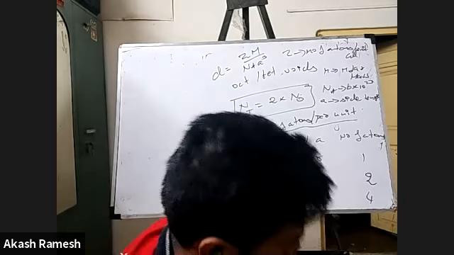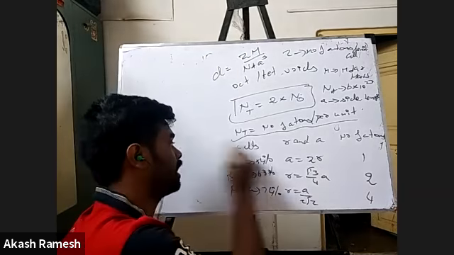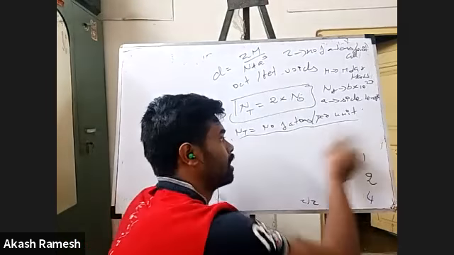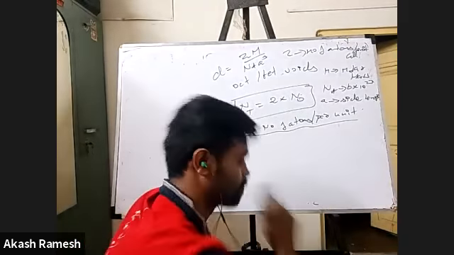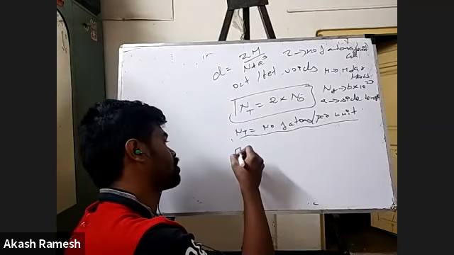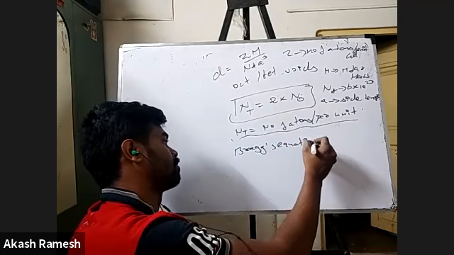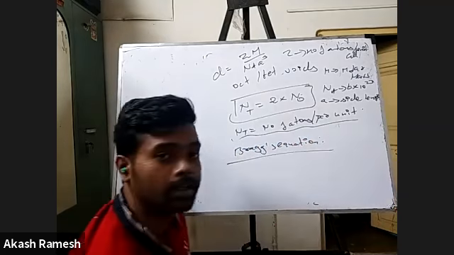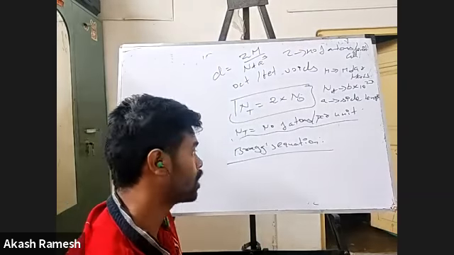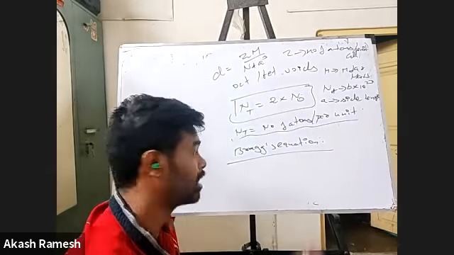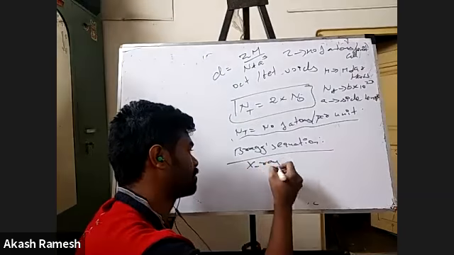And yeah, one thing which is not there in the problems and you have to know is Bragg's equation. So what Bragg's equation is: you have something called X-ray crystallography.